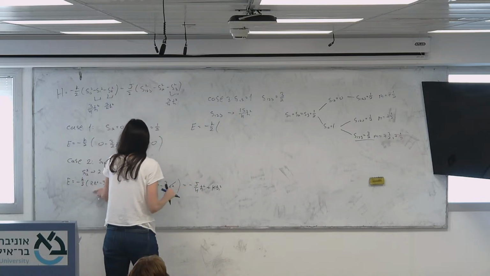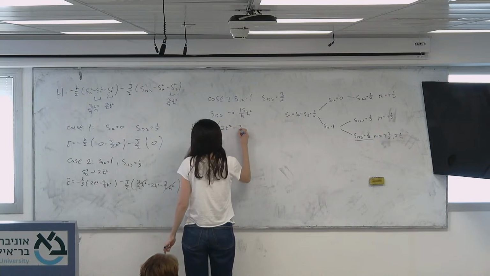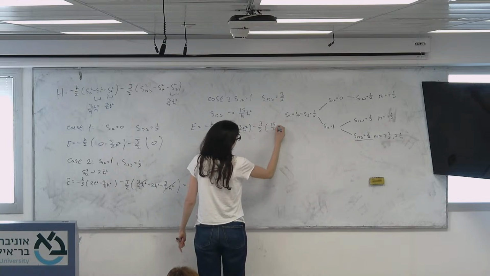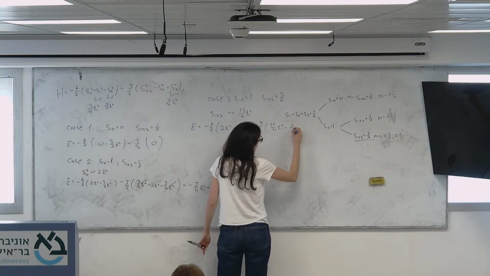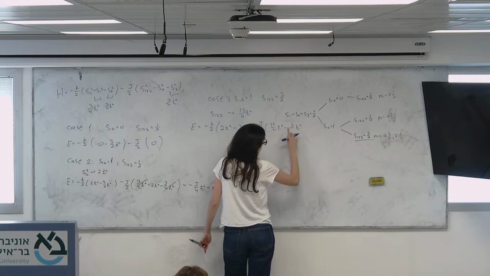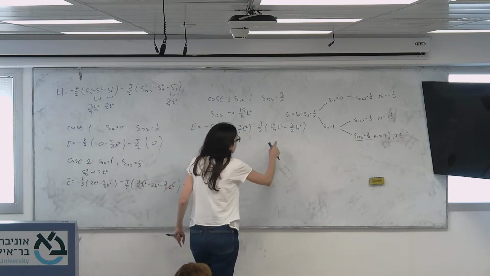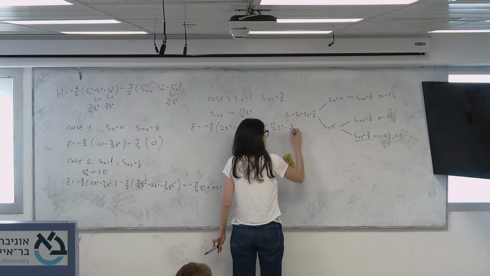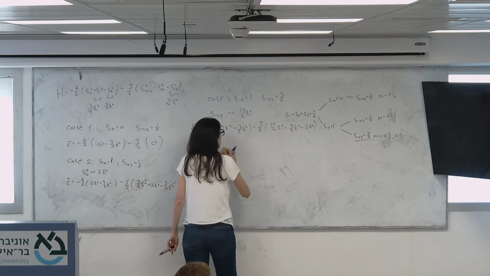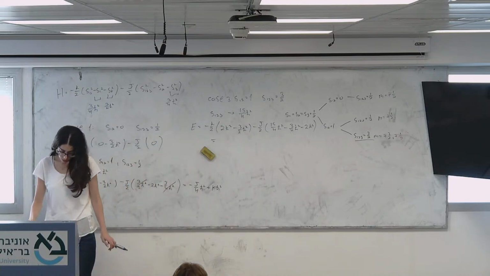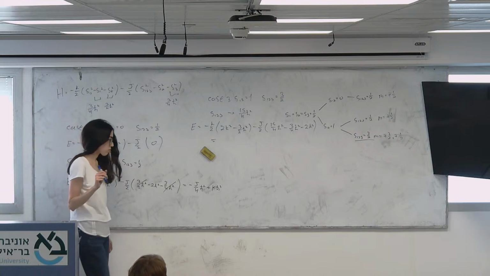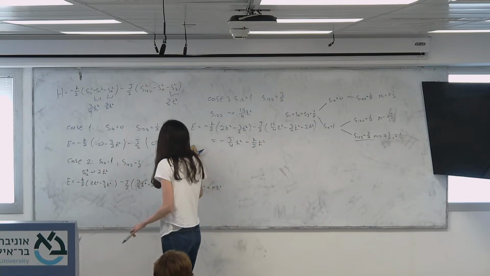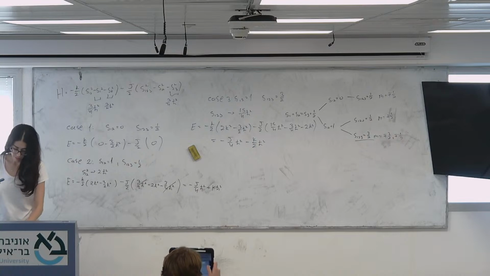Okay, so these stay the same, and this is 15 over 4 h bar square. So those are the energies.